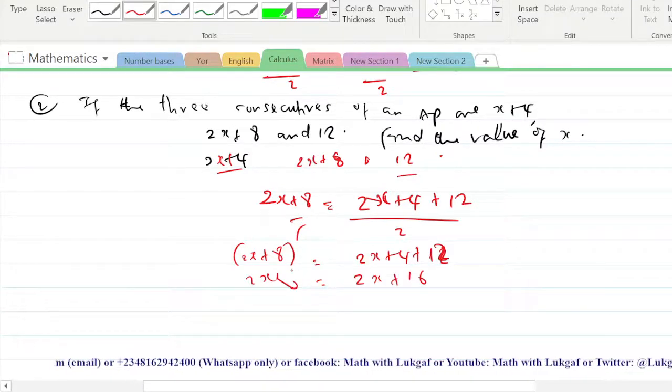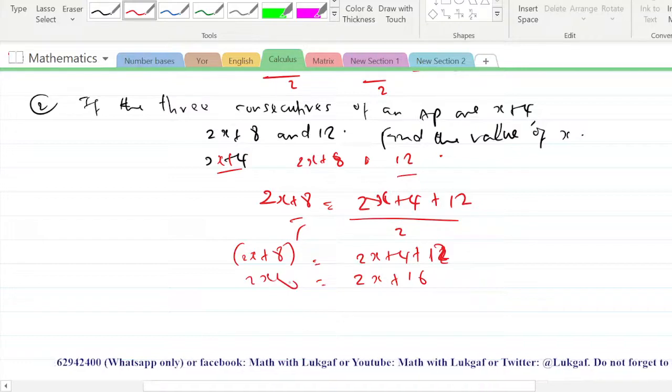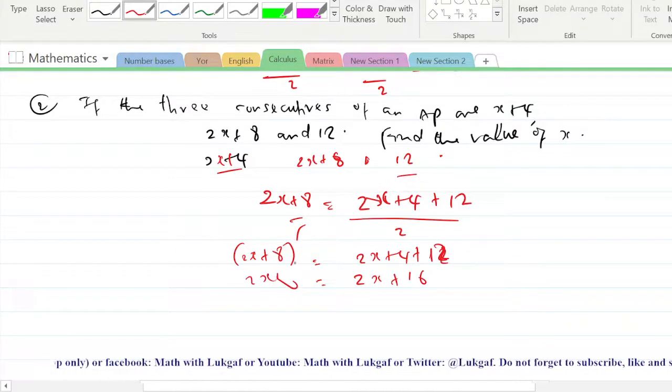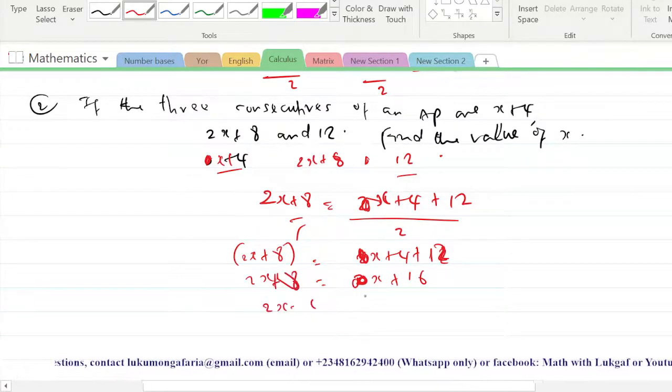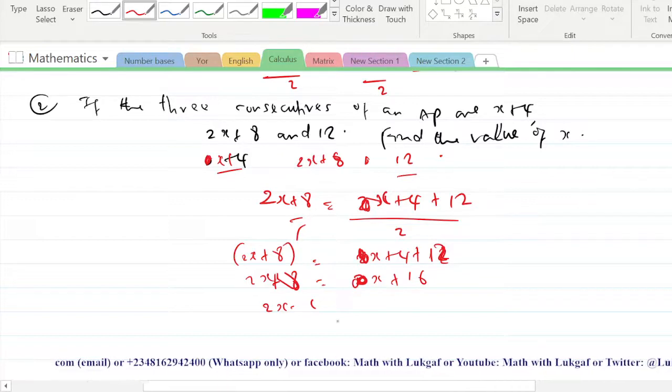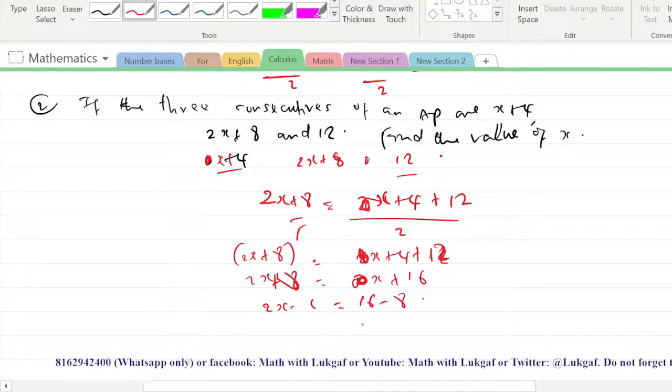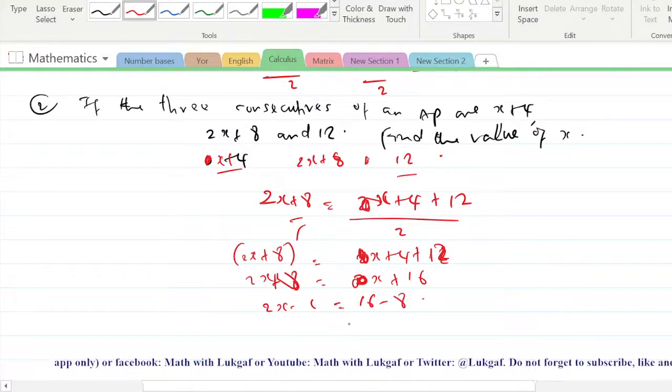If you collect the like terms, yeah, I think something is actually wrong. This is x plus 4, sorry, not 2x plus 4. Sorry about the marker.